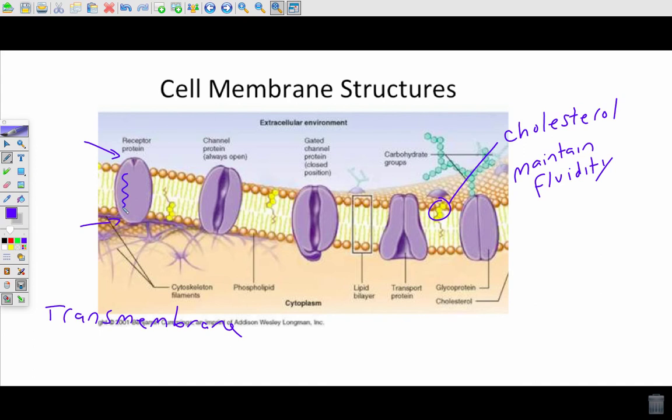And then there's going to be these hydrophobic regions. And those hydrophobic regions are quite often made of alpha helices. Remember we talked about that when we talked about proteins? So there's going to be alpha helices that make up the hydrophobic region. And that hydrophobic region of the transmembrane protein allows it to stay where the tails are.